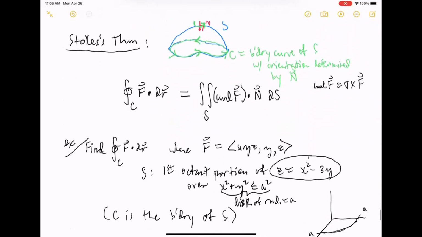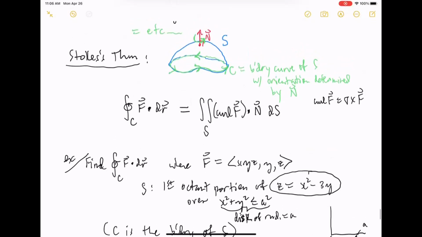Stokes's theorem says something a little bit different. It relates a curve integral around a closed curve to a surface integral. So I have a surface that doesn't necessarily enclose a solid, and it stops like this.